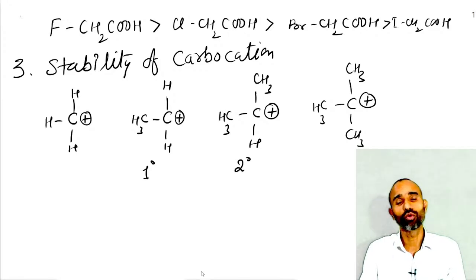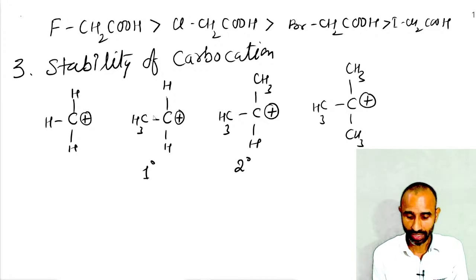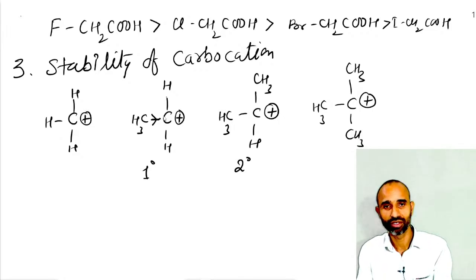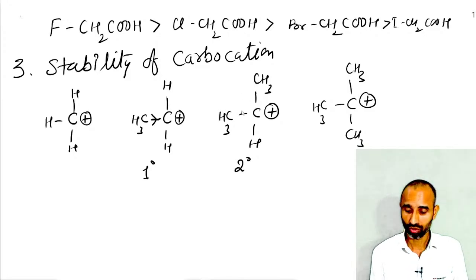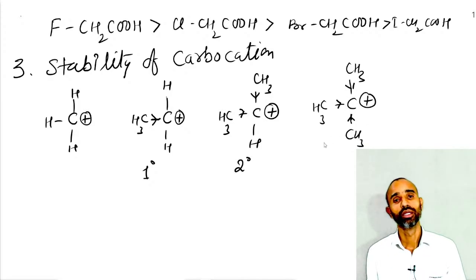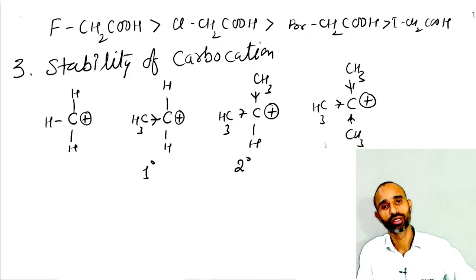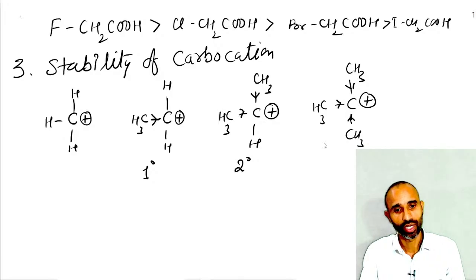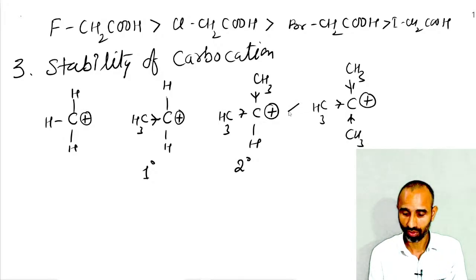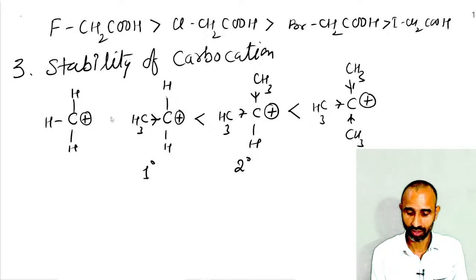So any group which decreases its electron deficiency, like methyl group is electron releasing, so it will decrease its positive charge, decrease its electron deficiency. So due to this, these electron releasing groups decrease the positive charge, and therefore stability of carbocation is in the same order.